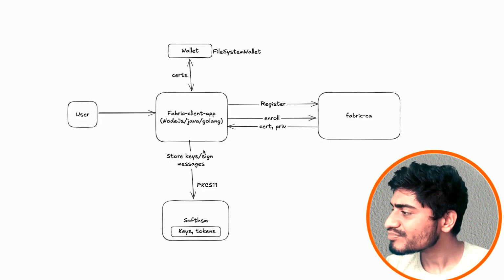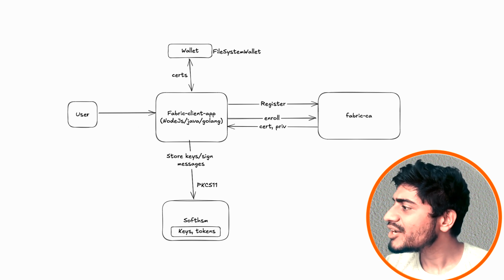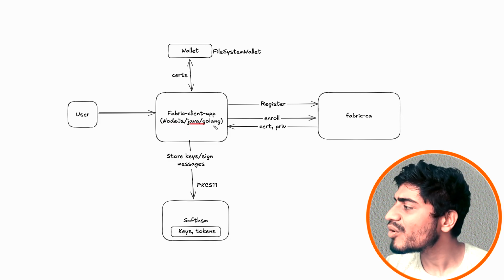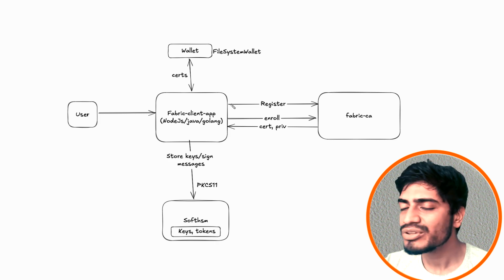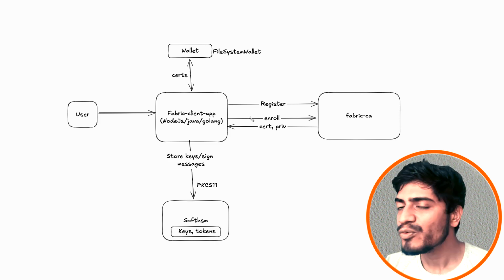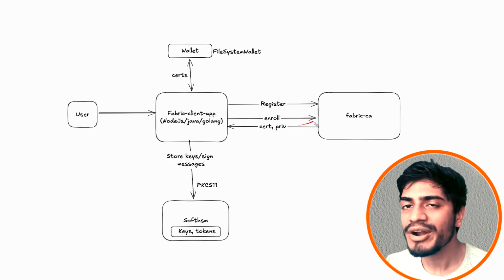Now, what happens is whenever the user makes a request, that request goes to the Fabric CA client application. This application can be written in Node.js, Java, or Golang. Now, we send that request, a registration request, to the Fabric CA so that the user can be registered onto the system. And once the registration happens, the client application again sends an enrollment request.